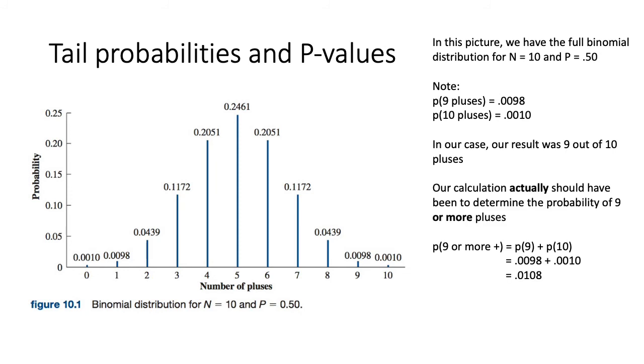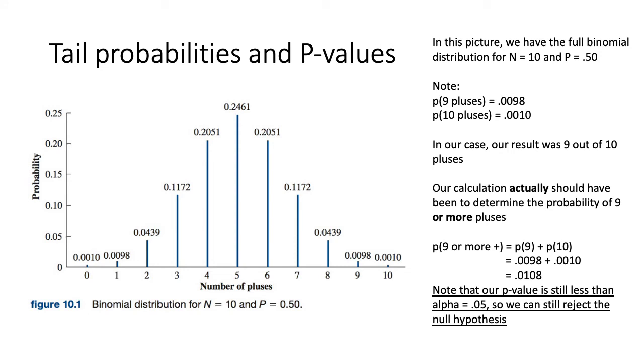So our calculation in this case should have been an addition rule, the probability of 9 out of 10 or the probability of 10 out of 10, which we already know how to do. So if we were doing it by hand, we would just add those two probabilities together and we would get 0.0108. Now note, this is now our actual p-value, our tail probability, in the direction of our effect.